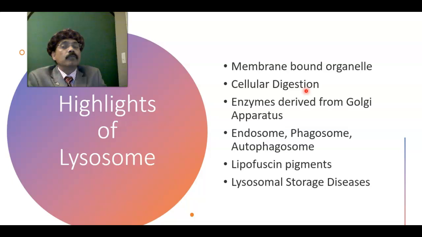It may be a phagosome, an endosome, or an autophagosome. The mitochondria or other organelle part is also digested by the lysosome. This is seen in poor nutrition conditions, and also it is a part of the normal cellular process.